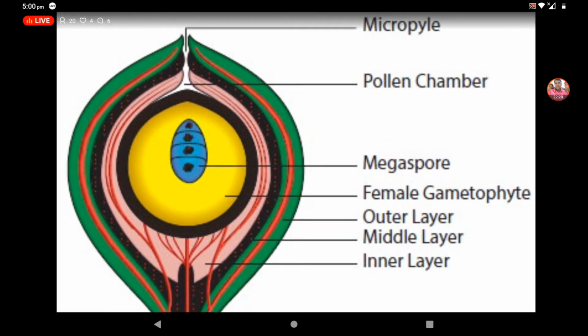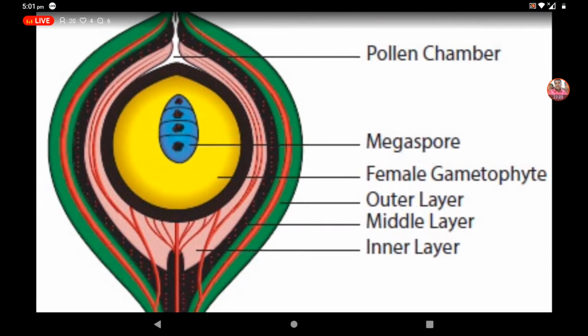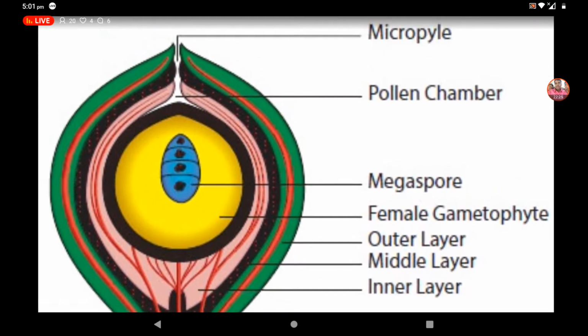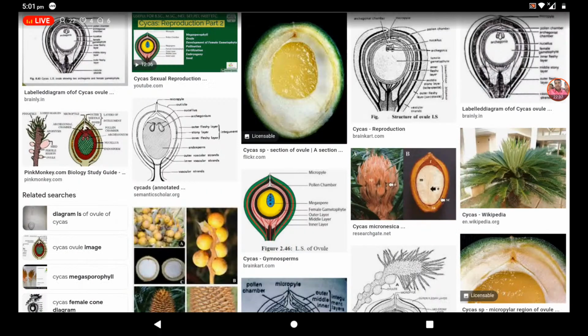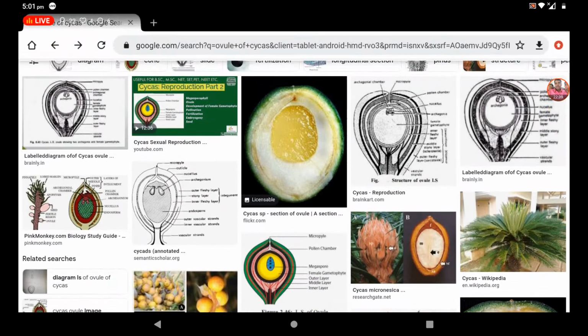We can take one more diagram. At present we find the female gametophyte, and even the megaspore is present. The female gametophyte is called endosperm in gymnosperms, and it bears two to many archegonia in the case of Cycas.